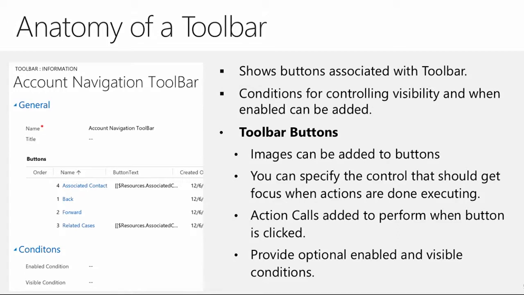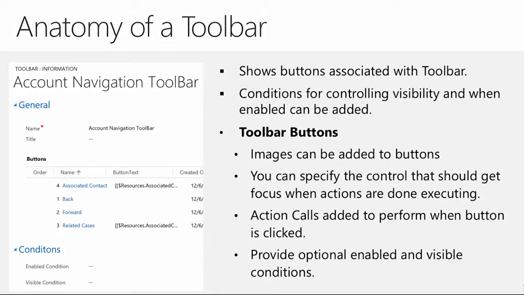So I can write conditions that control when that toolbar is visible within the application, and conditions that control when that toolbar is enabled. These are done through JavaScript. It's a little bit outside the scope of this particular course, but it absolutely can be done. Within the toolbar itself, there are specific buttons, and each one of those buttons constitutes something that's going to happen.